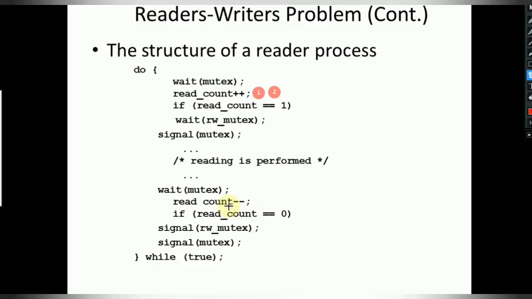Many reader processes can be simultaneously accessing the shared memory, and it is also keeping a count of the number of reader processes accessing the shared memory. Whenever it is making a count of the number of processes, it is running the mutex semaphore to make sure only one process at a time is acting on that variable.